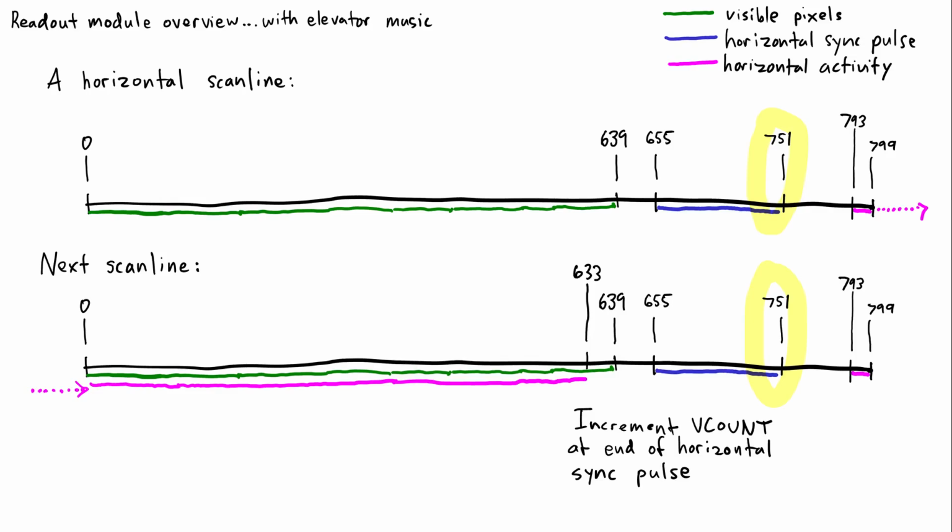You may recall in the last episode I mentioned that I made a hardware mod to increment the vertical count before the beginning of the next scan line, and we now know enough to understand the motivation for that change. Because horizontal activity, meaning fetching data from memory, starts before the scan line where that data will be rendered into pixels, we want the vertical count to accurately reflect the row of pixels within the character row that will need to be rendered.